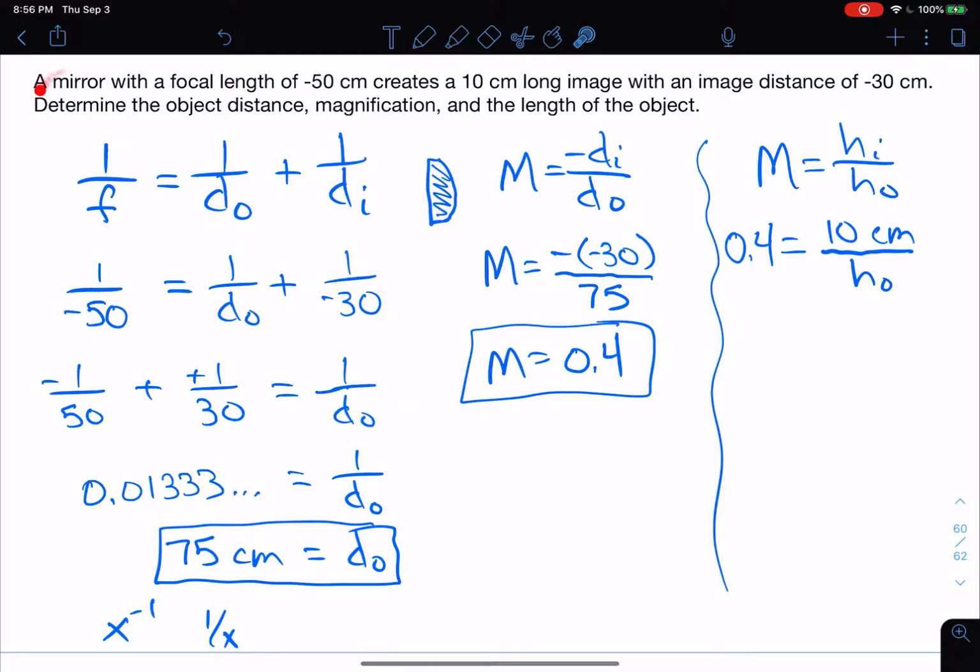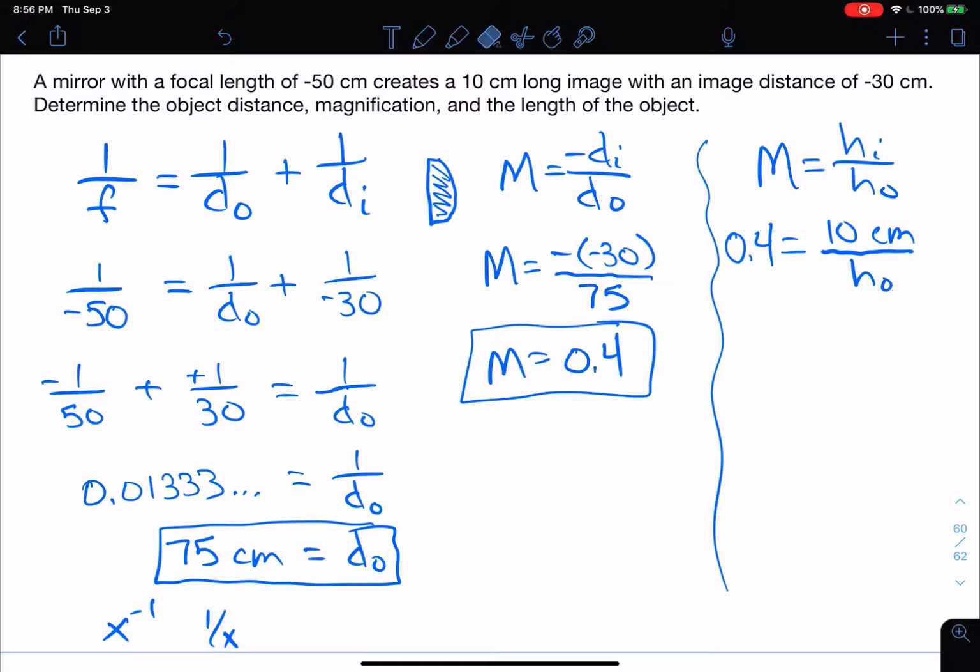With single optic devices, virtual images are upright, and thus the convention is that HI is positive. So I put it in as positive 10. If we had a real image, if we had a positive image distance, that would mean we had a real image. I'd have to put the image length in as negative because it would be inverted.